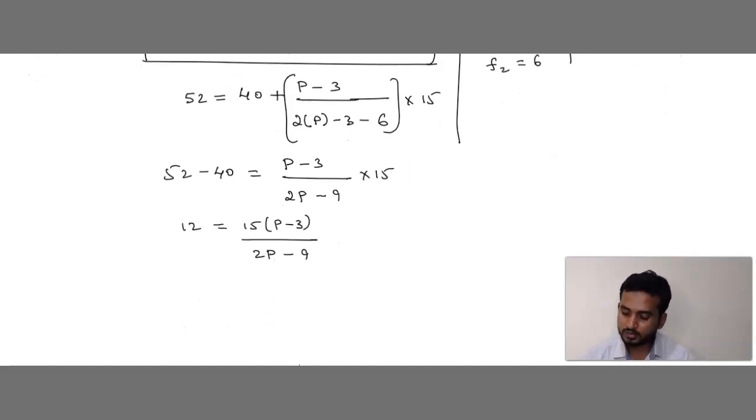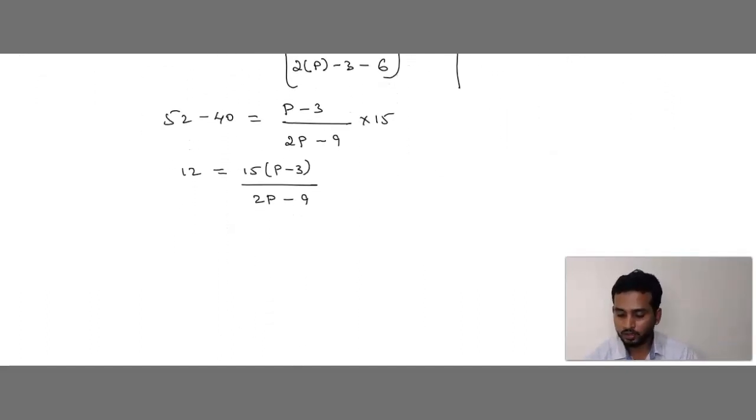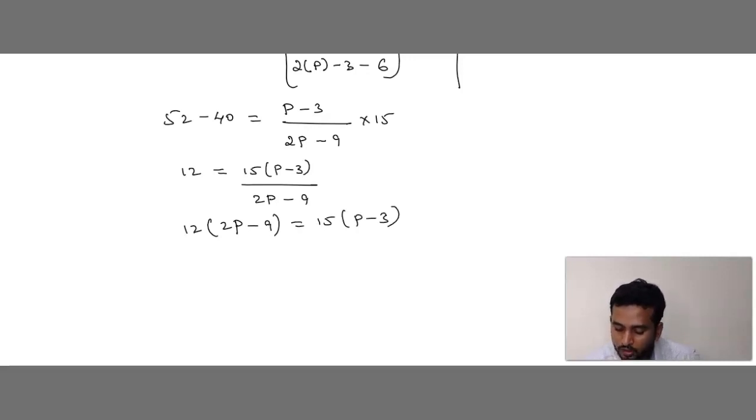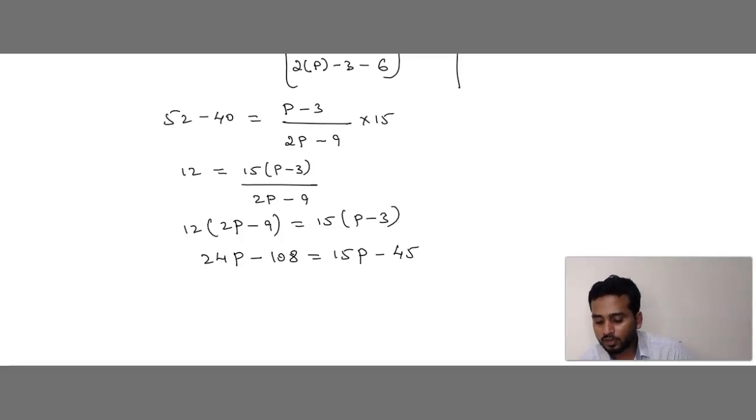After this we can cross multiply. 12 into (2P minus 9) is equal to 15 into (P minus 3). 12 into 2 is 24P, minus 12 into 9 is 108, is equal to 15P minus 15 into 3 is 45.